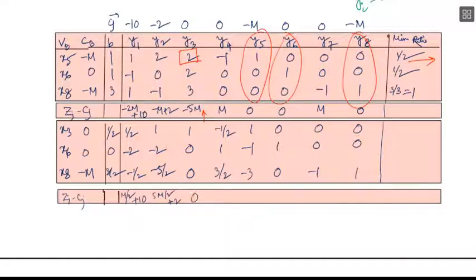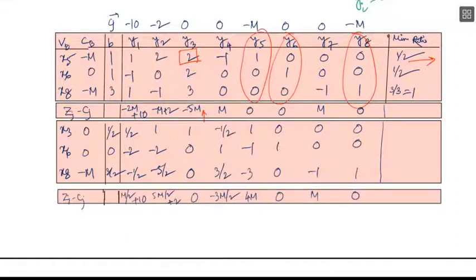It is 0. It is minus 3m by 2. It is m. It is 0. It is m and it is 0.